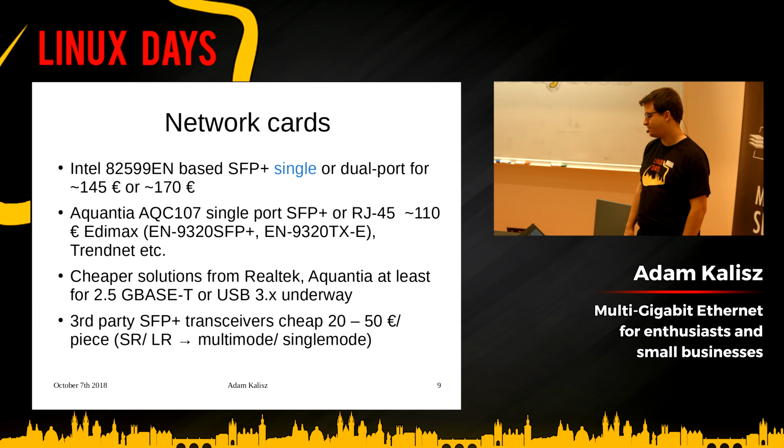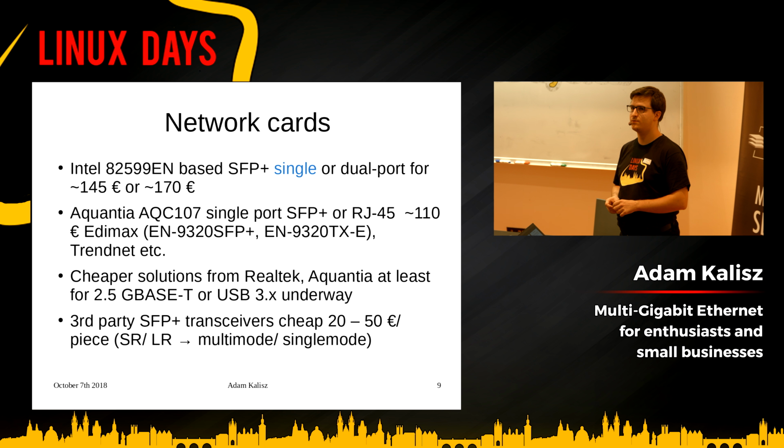So this is something to observe. Also, Aquantia should have an integrated solution where on one side they have USB 3 for connection to some laptop or host, and on the other way they will have 5 gigabit Ethernet. So this should be also interesting. This is what I have described at the start of the talk.